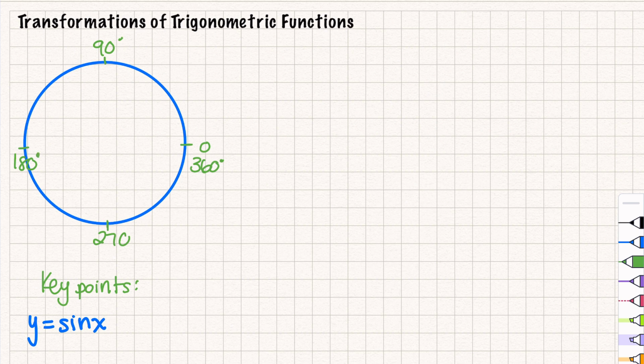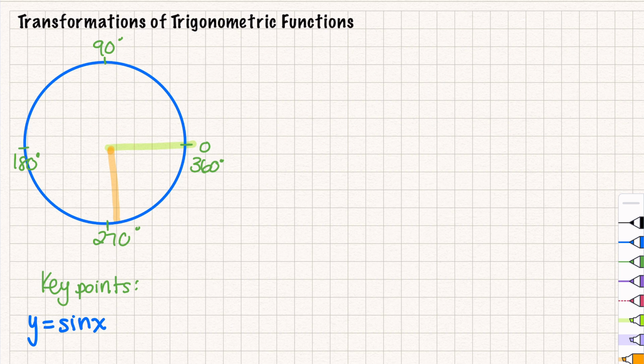Now with sine, we start at 0, whereas with cosine, we start at negative 90. And then we make our way around our rotation.